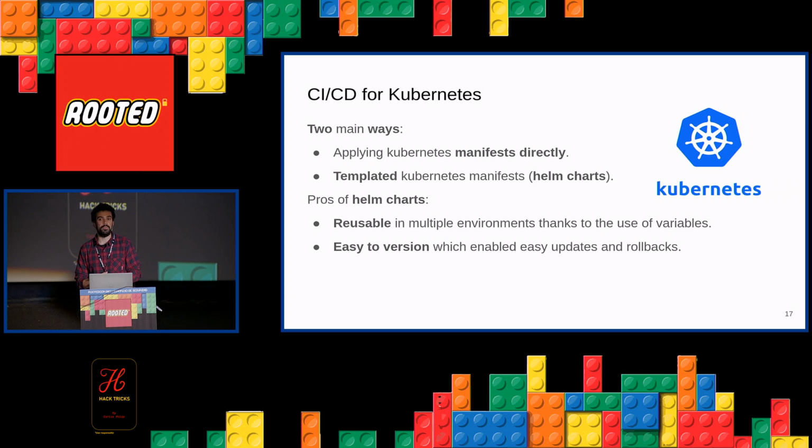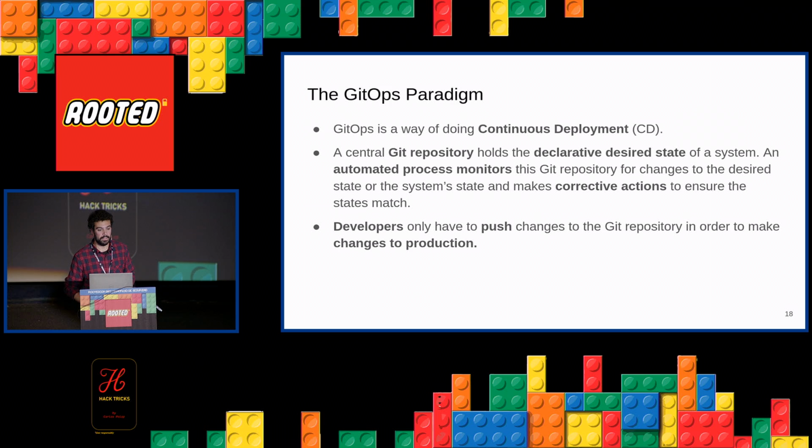Also, it's really easy to version them. You can just set the version in the chart manifest. There's a specific chart.yaml file where you have a version field. You can change it, update it, and then rolling back is just as easy as changing the version back and reapplying the Helm chart.